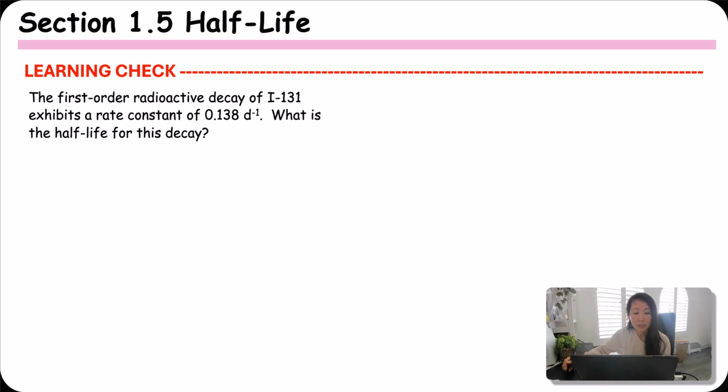So you can see there are 2 pieces of information given, which are that it is first order and the rate constant is this. A first order reaction always has this equation, half-life, or time, is equal to ln of 2 over k, and it gives you k, which is 0.138 d to the negative first.